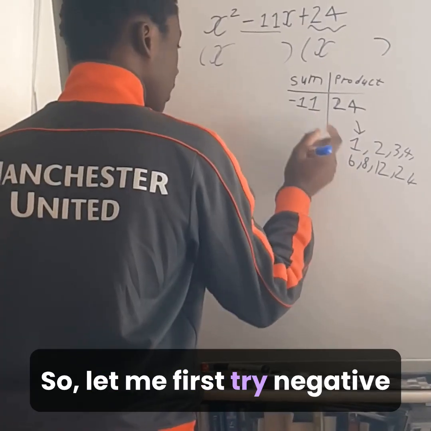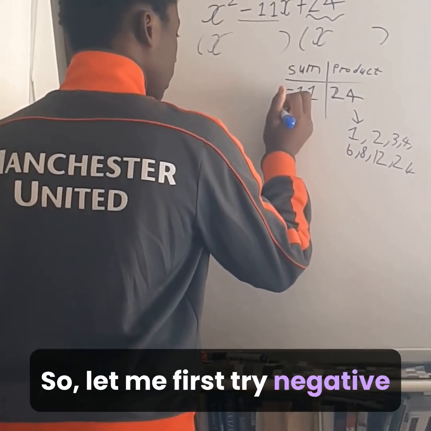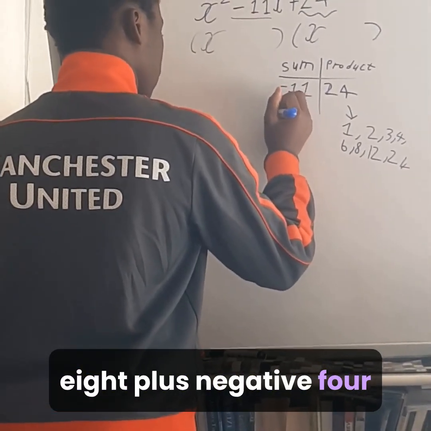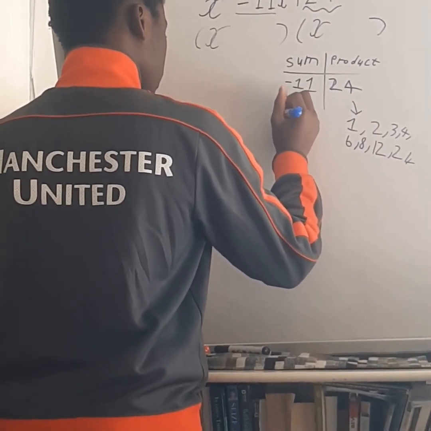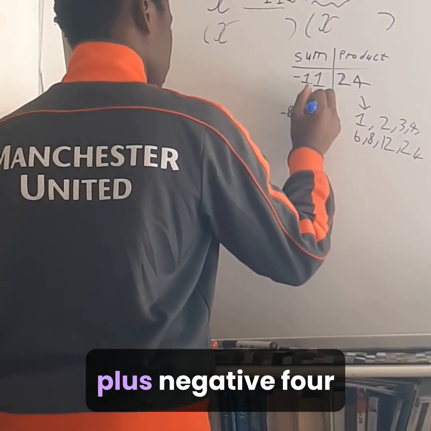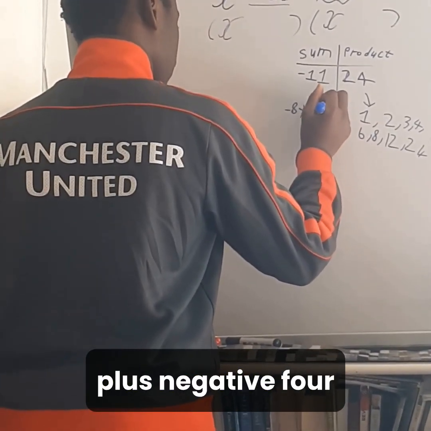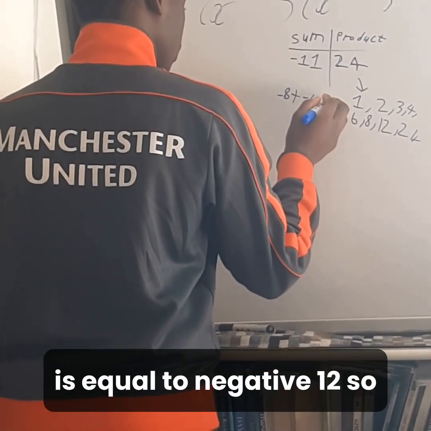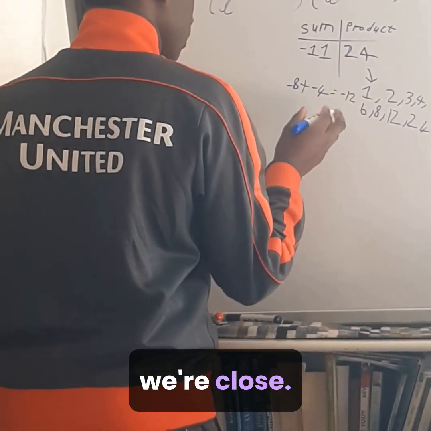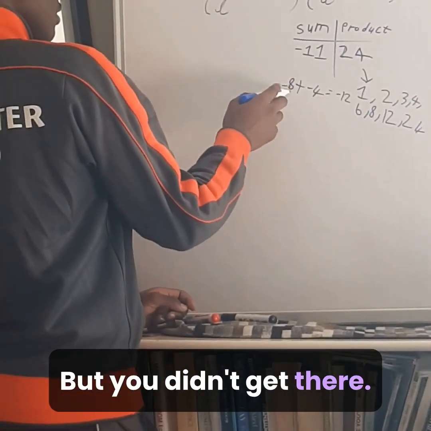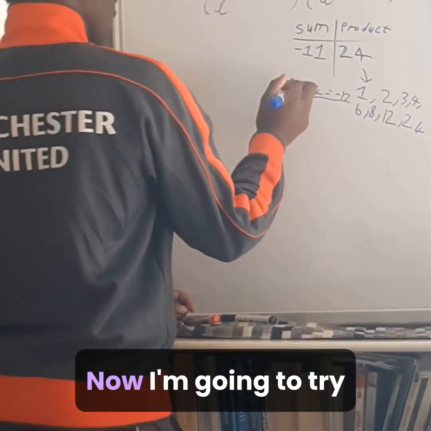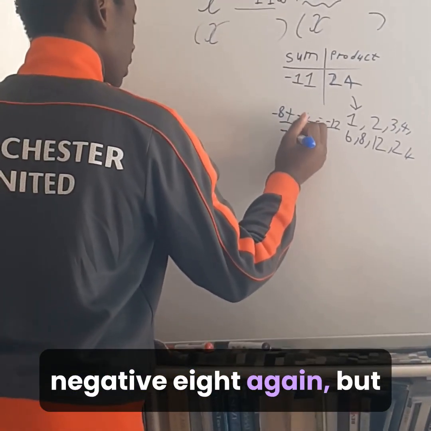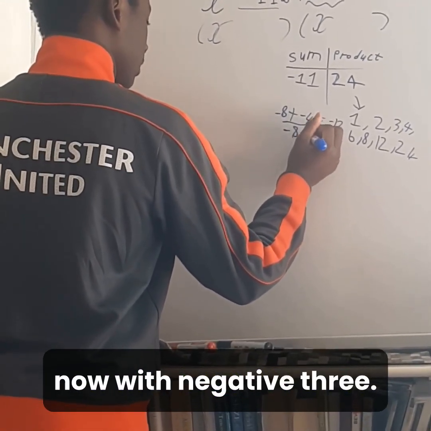So let me first try negative 8 plus negative 4, which is equal to negative 12. So we're close, but we didn't get there. Now I'm going to try negative 8 again, but now with negative 3.